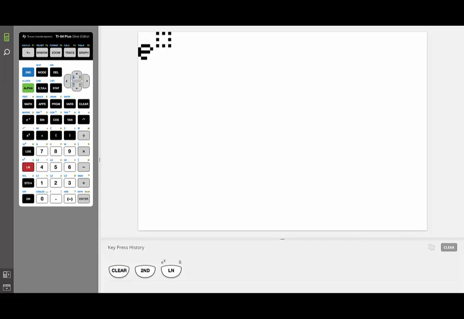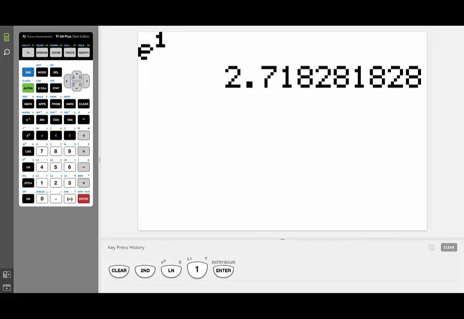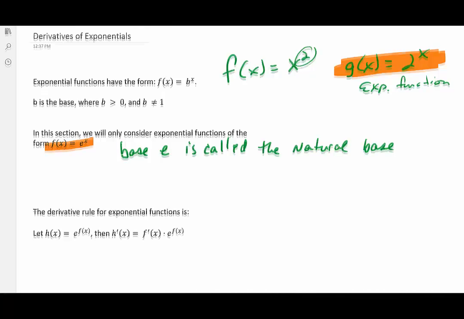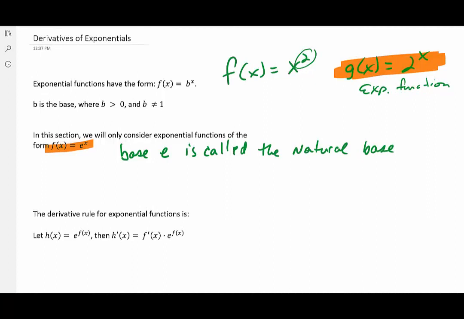If I want to take e and raise it to the first power, because I just want to figure out the value of e, there you go. You see e is 2.71828, goes on forever and ever. So anytime we talk about e, we're not talking about a variable like we do with x. We're talking about an actual number. In this particular lecture, and in your homework, we're only going to be dealing with exponential functions that have a base of e.